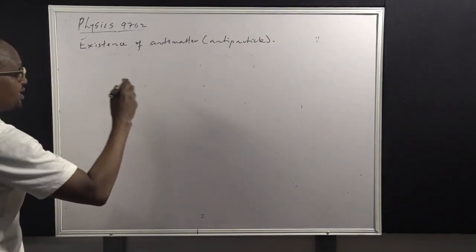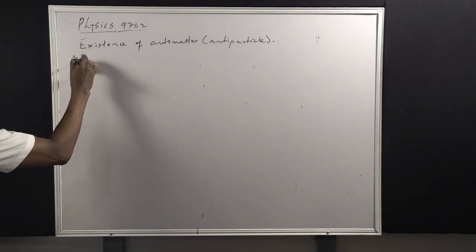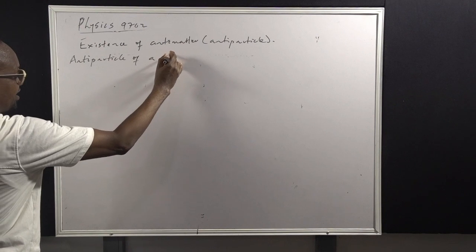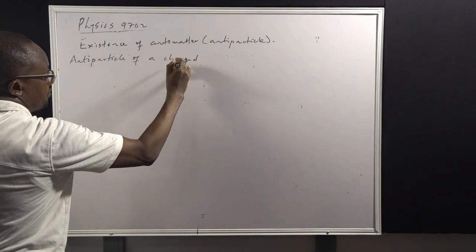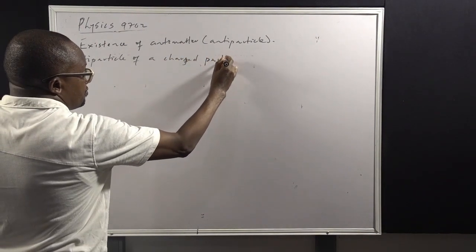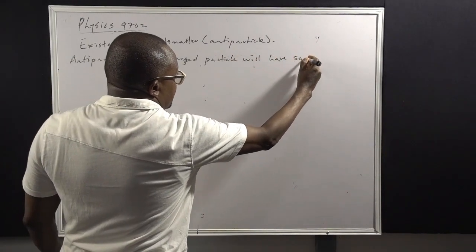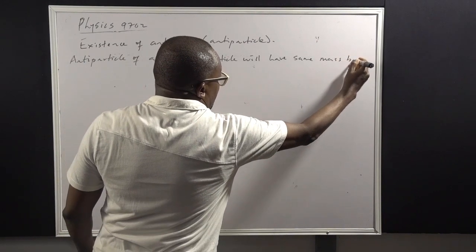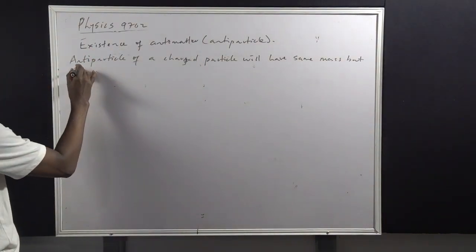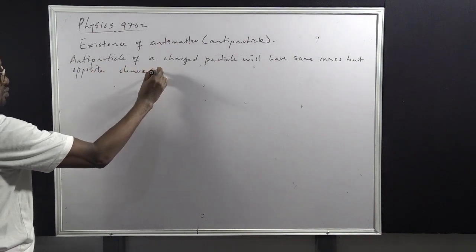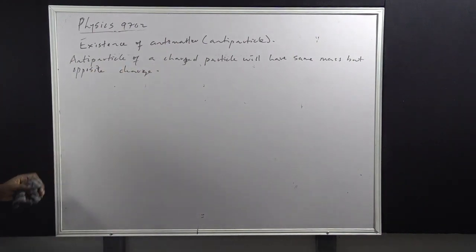I can say that the antiparticle of a charged particle will have the same mass but opposite charge. So the antimatter of a charged particle will have the same mass as that particle but opposite charge.